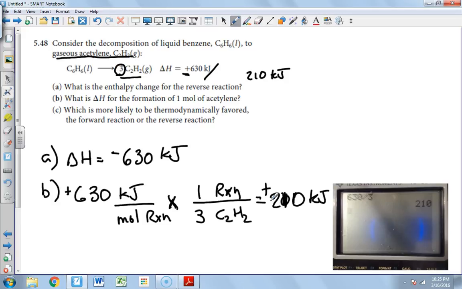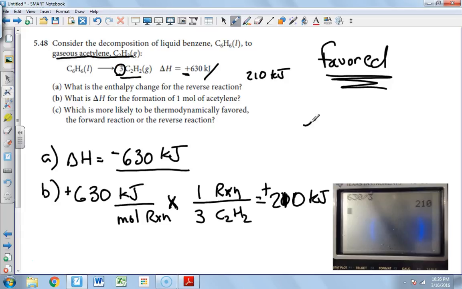Okay, now it says which is more likely to be favored, the forward or reverse reaction. Now, in thermodynamics, when we talk about a reaction being favored, we want to know which one is more likely to occur. Okay, well, the thermodynamically favored reaction is going to be the one with a negative enthalpy.